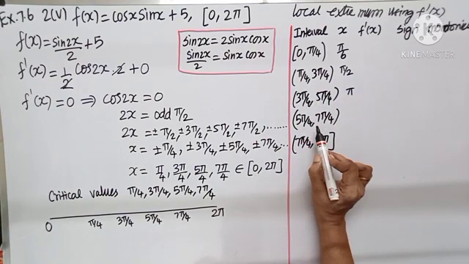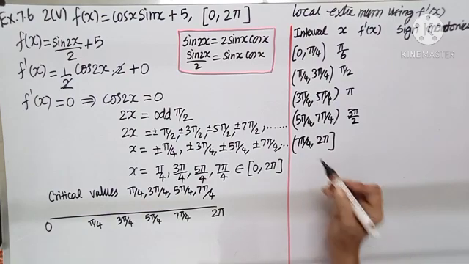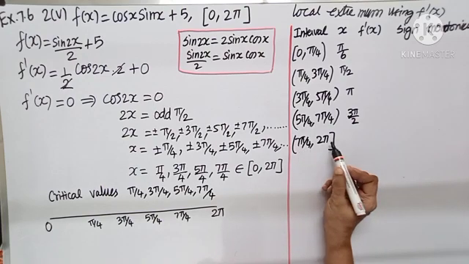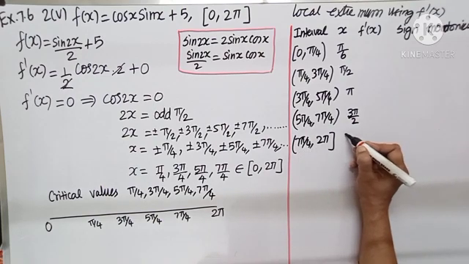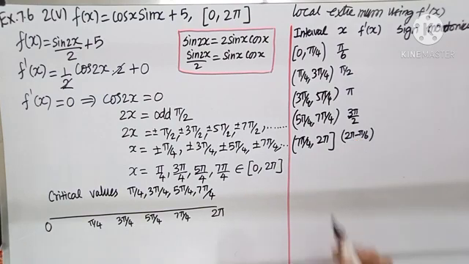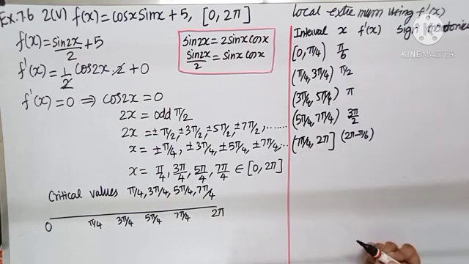After 5 pi by 4, I can take 6 pi by 4, that is 3 pi by 2. After 7 pi by 4 to 2 pi, I can put 2 pi minus pi by 6. The difference is pi by 4, so you can put 2 pi minus pi by 6.